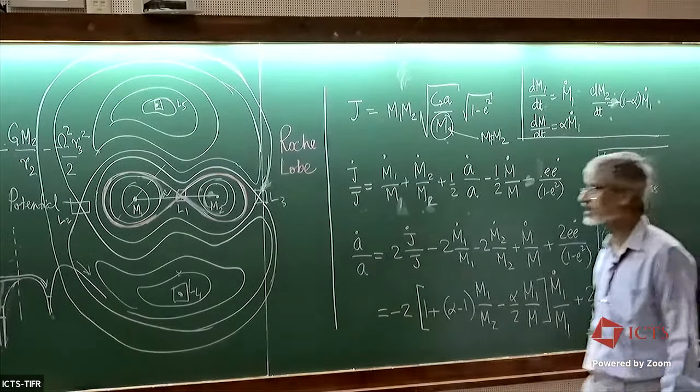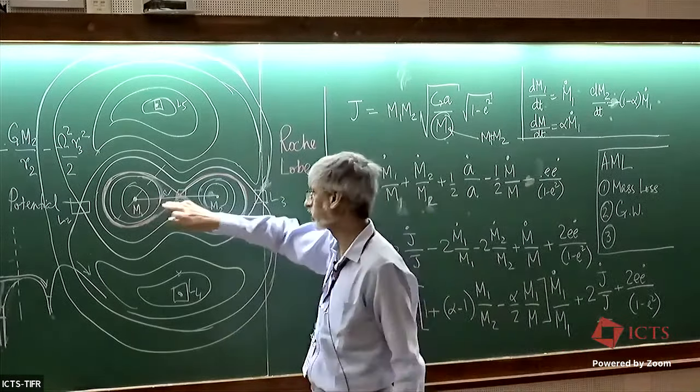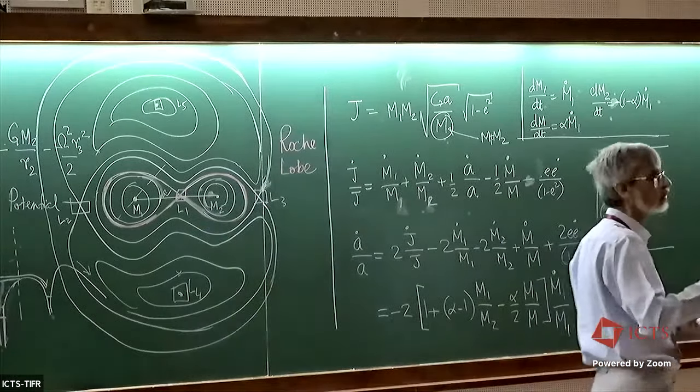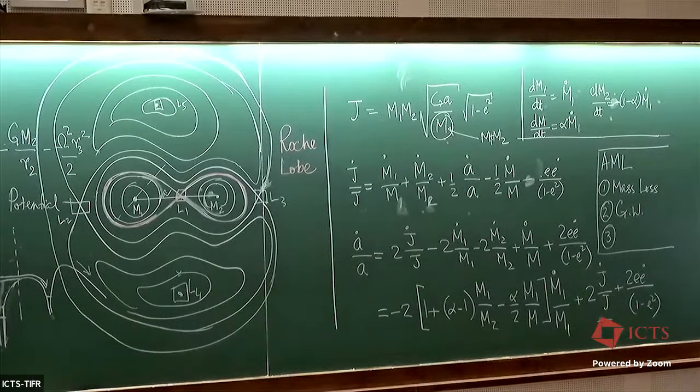And of course, as soon as that begins to happen, the tidal interaction is going to restore the spin back to the orbital period. So this tidal interaction is going to pump some of the orbital angular momentum into the spin of the star, so that the star spin can come back into synchronization.